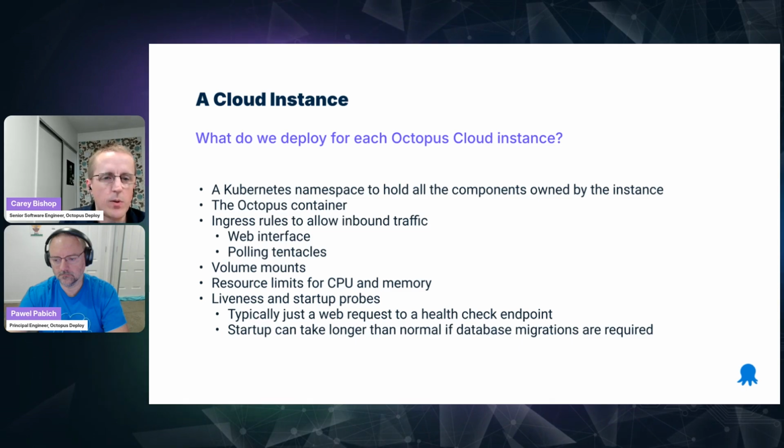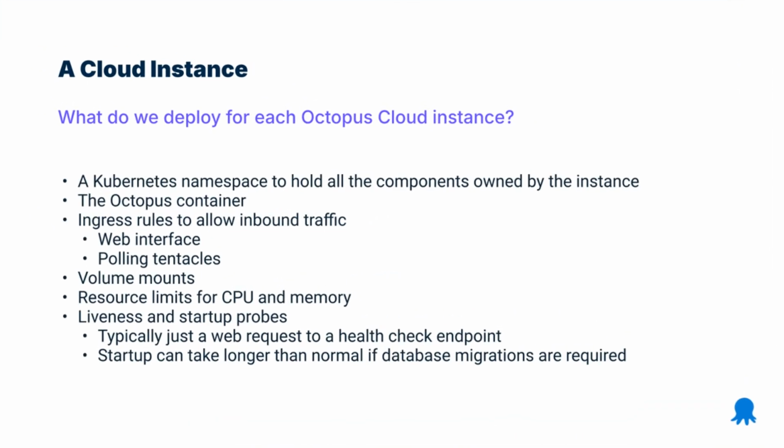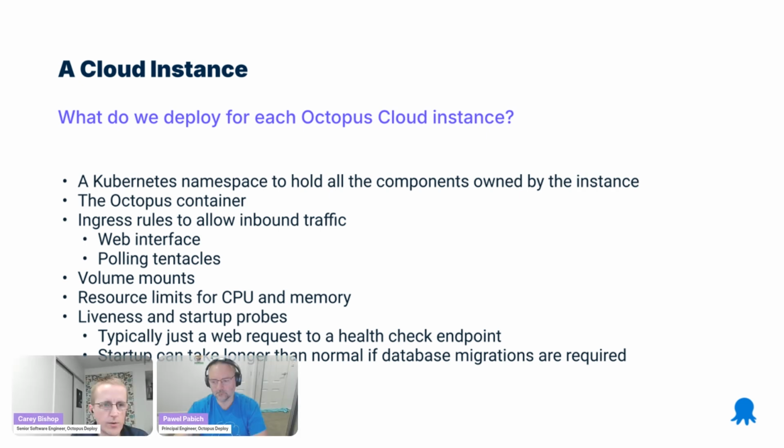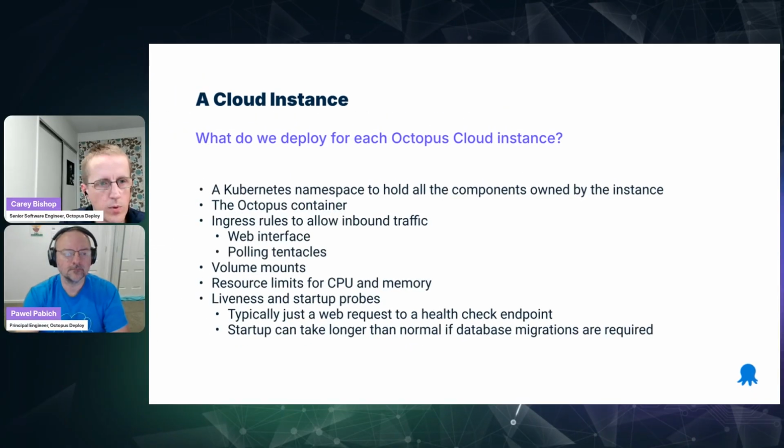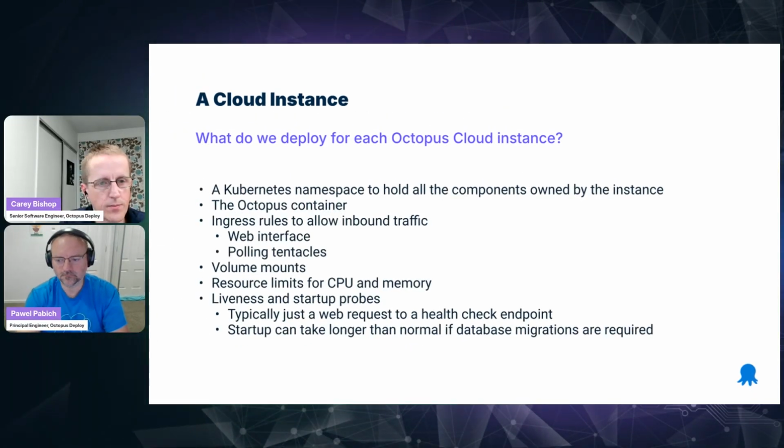So what do we need to deploy when we're deploying each Octopus Cloud instance? First and foremost, we spin up a new Kubernetes namespace that is unique to that instance, and that holds all of the components used by that instance. Within that namespace, we create an Octopus container, and that Octopus container also has ingress rules that allow inbound traffic for both the web interface and polling tentacles, which work on a different port to the web interface.